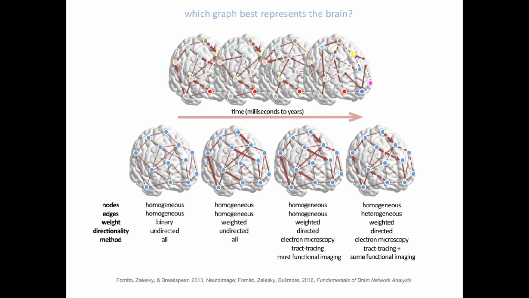But this tends to be a relatively small subset of papers in the area. Most studies, particularly in human imaging, are using either binary or weighted undirected graphs. So we've got a lot of room to improve as our measurements get better. Graph theory gives us space to grow in terms of how sophisticated our models can get.